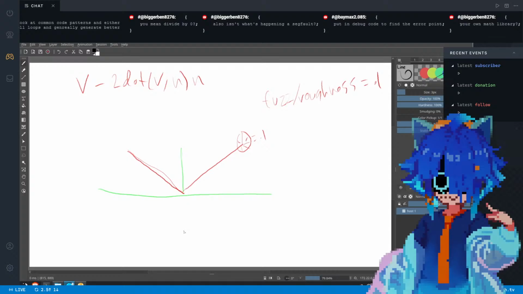So when fuzz is 0, we're going to have perfect metal reflections. But when fuzz goes to 1, we almost wind up with a diffuse type reflection. And that just determines how perfect the reflections are. Fuzz really close to 0 creates something that looks like a mirror, whereas fuzz really close to 1 creates a really grimy surface that's almost diffuse.